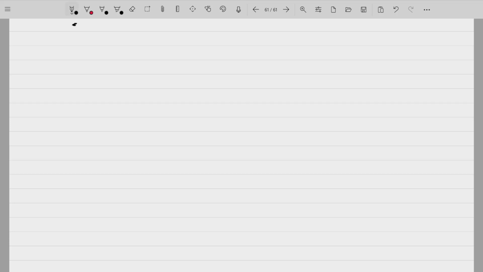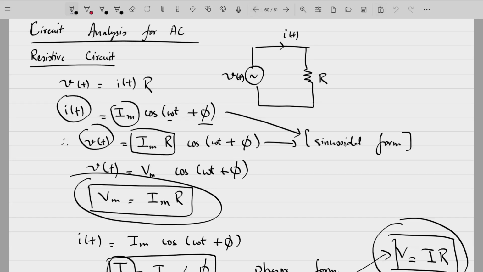By phasor diagram, what we mean is we want to plot not V versus I, we want to plot a vector V and vector I. We want to actually draw them using some reference.